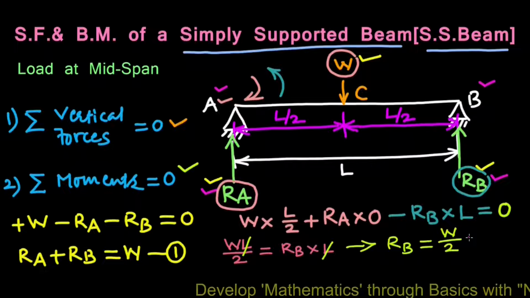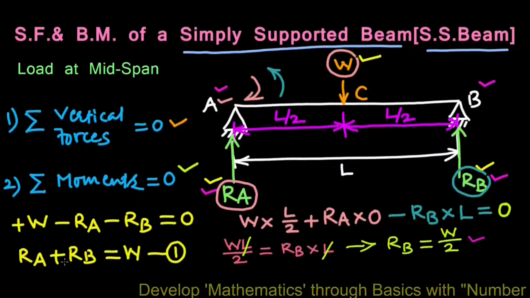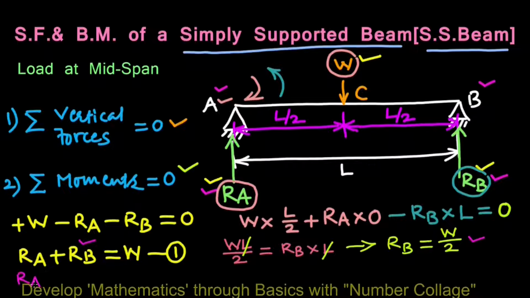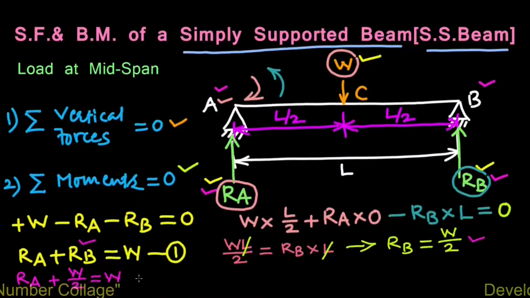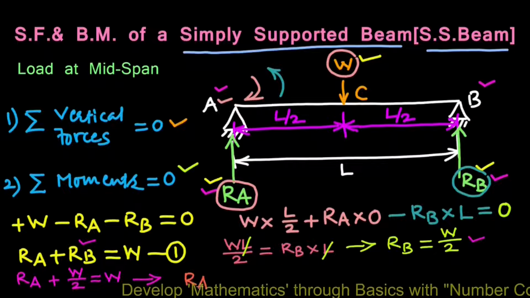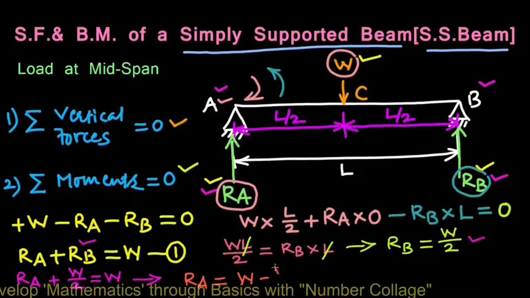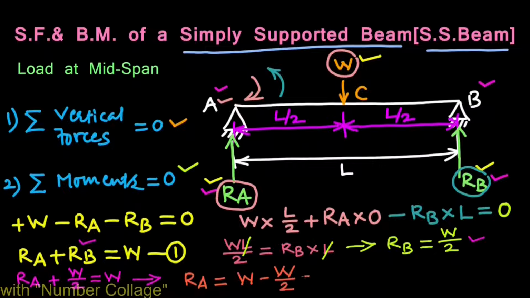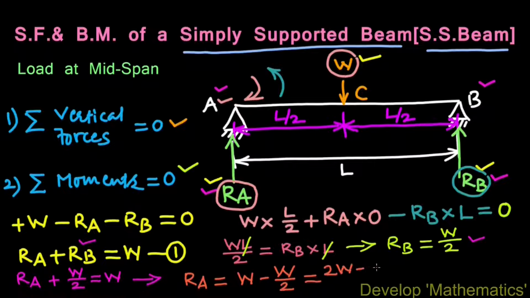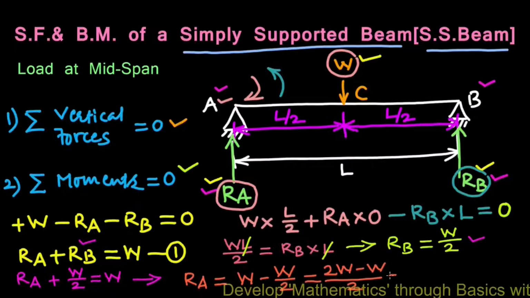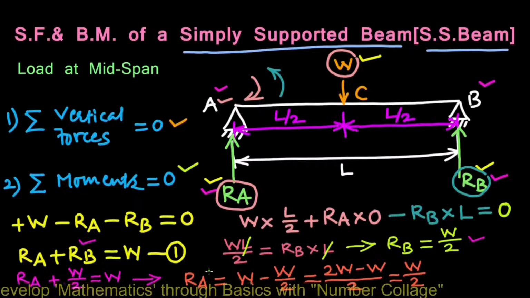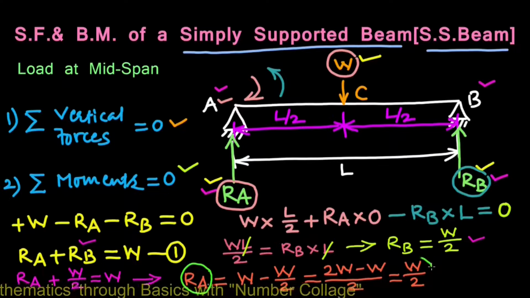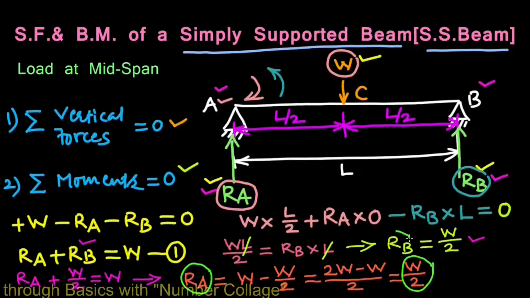We will substitute this value of RB here and write RA plus W upon 2 equals W. That gives us RA equals W minus W upon 2, that will be 2W minus W upon 2, or W upon 2. So we got both the reactions RA equals W upon 2 and RB equals W upon 2.